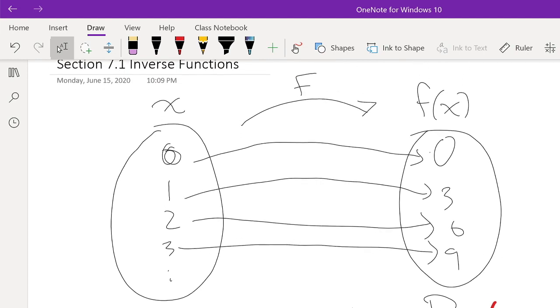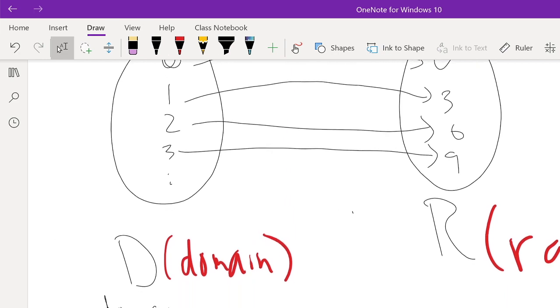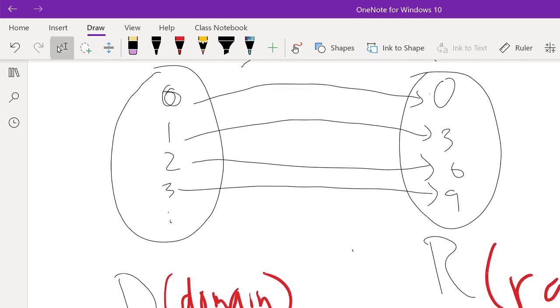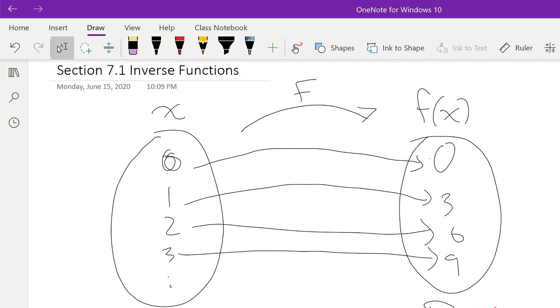All right, now this idea of an inverse function. Abstractly, let's say that this function that we define here is actually the function f of x equals 3 times x.